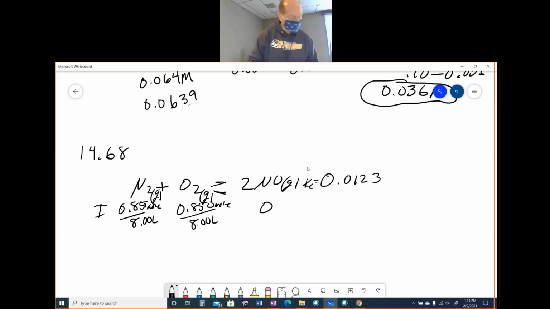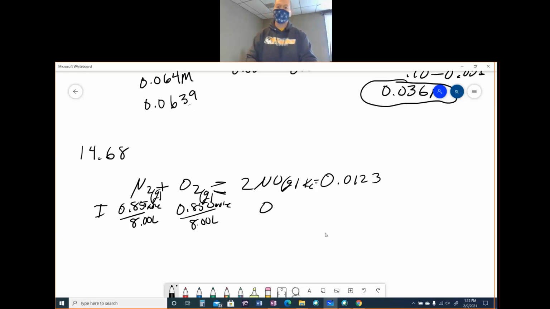All right, and we didn't have any of our NO, and it says find the composition of the mixture when equilibrium is reached. All right, so this is not the easy question that I thought it was. All right, great. So this is just as hard as all the other ones. So now you can do it a couple of ways, and so this one is interesting.